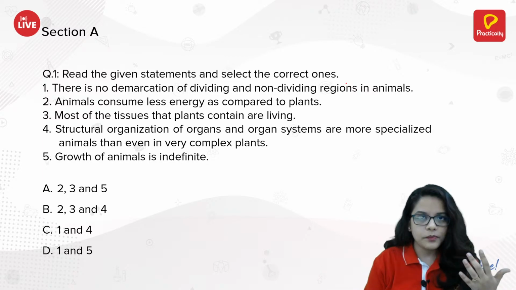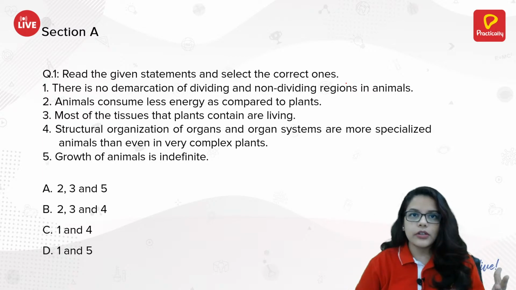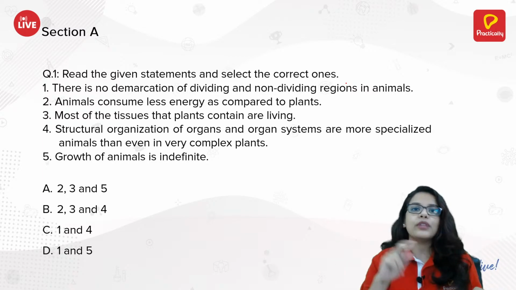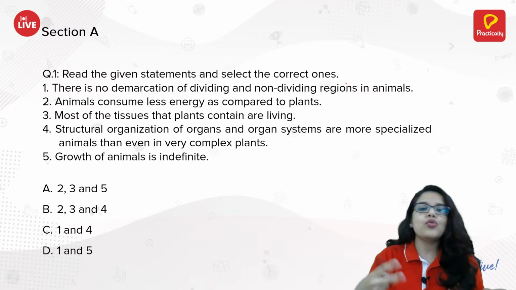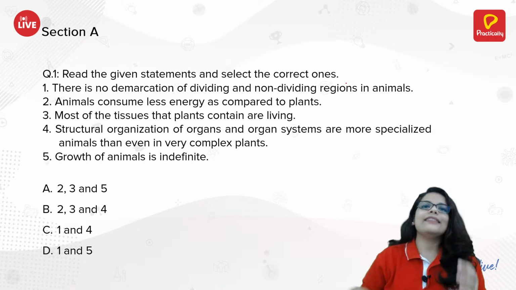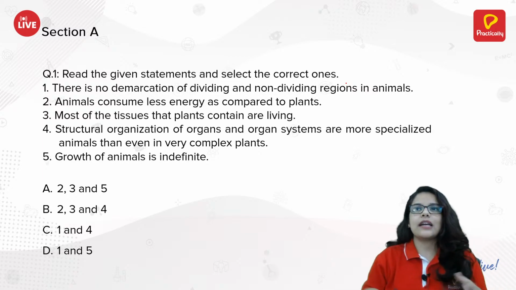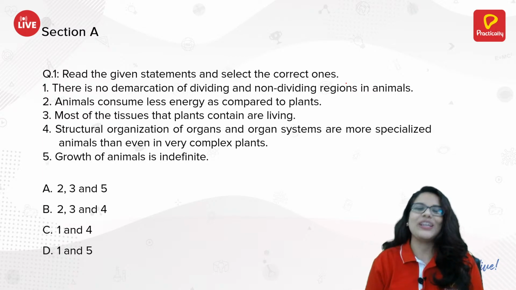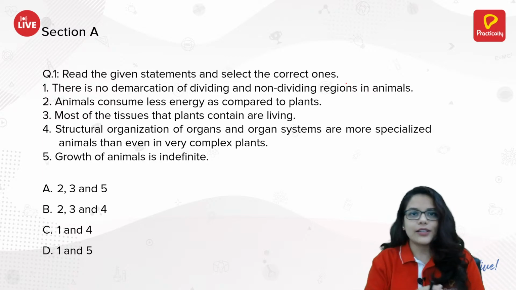They'll give you an assertion and a related reasoning, and you have to check whether they are true or not, and whether they are related. And then there is section C, which is kind of a story. It's not basically a story, it's a paragraph they'll give you, and the questions will be related to that.